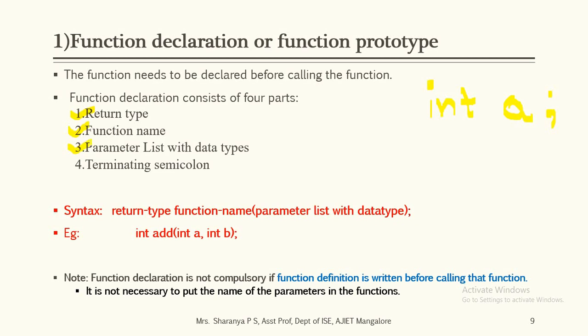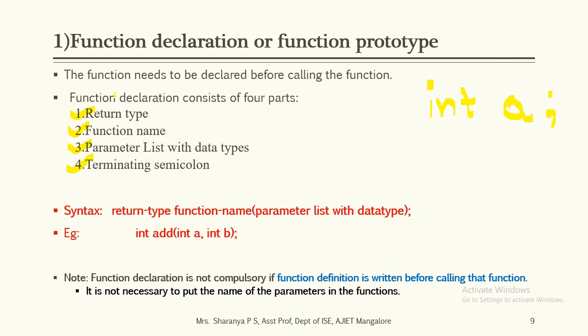And then we pass the parameter list with the data type. Parameter list, in simple terms, is a list of variables that we are going to use in that function. And then finally we terminate the function declaration with a semicolon.